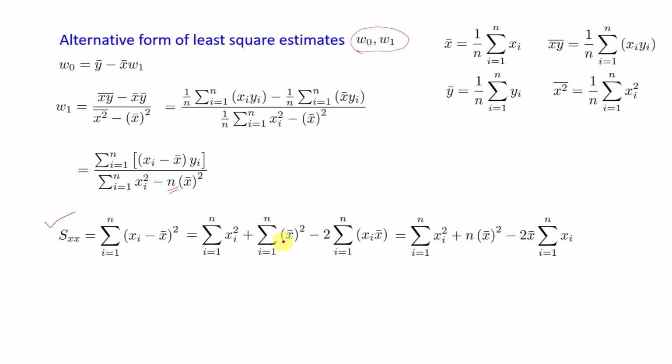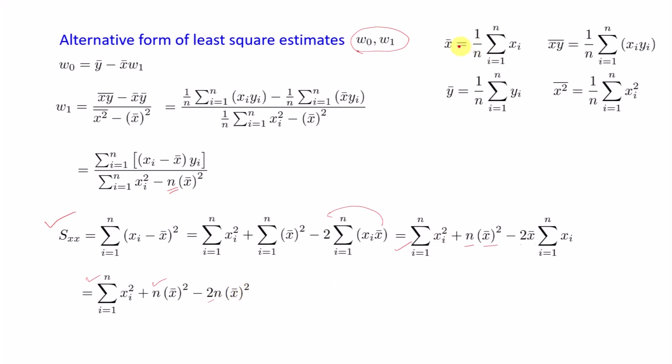Now here this x bar square can go outside of the summation, so it is n times x bar square. And here also x bar can go outside of the summation, so 2 times x bar multiplied by summation xi, and that gives us summation of xi square here, n x bar whole square here, minus 2n x bar square.